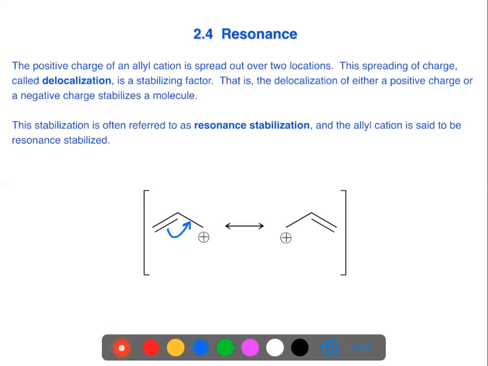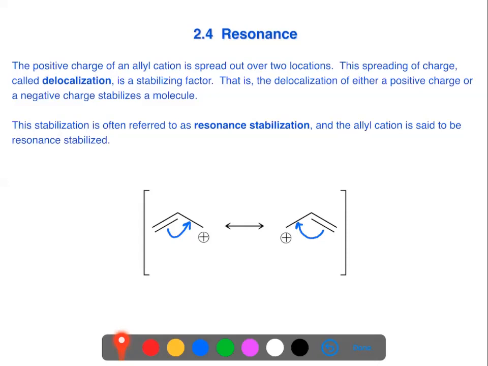Similarly, we could also use a curved arrow to show how we could go from the right side, the right-hand structure, back to our original structure on the left. One last point to mention is that when we draw our resonance hybrids, it's important to contain them within a set of square brackets. When we see this set of square brackets, it indicates to us that the structures within those brackets are the resonance hybrids for one particular entity and not for multiple molecules.